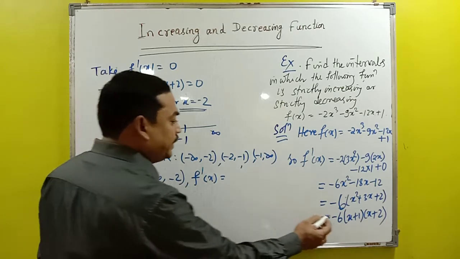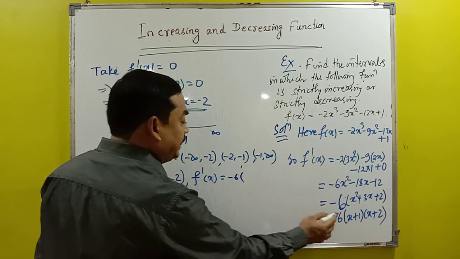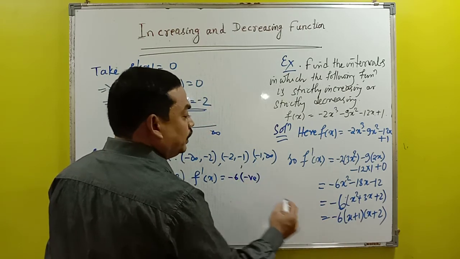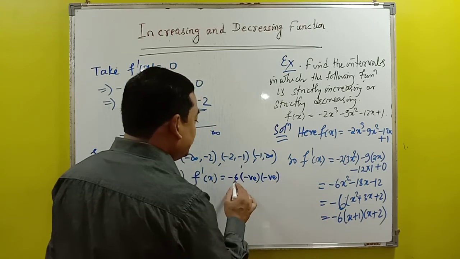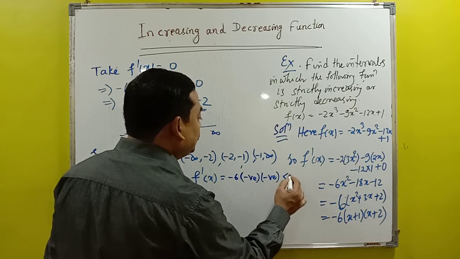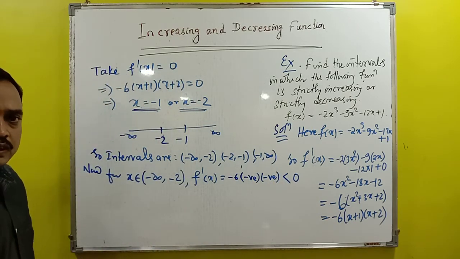Now put this minus 3 here. This is negative, again minus 3, this is negative. Negative, negative, negative: as a whole, what you have got? It is less than 0.